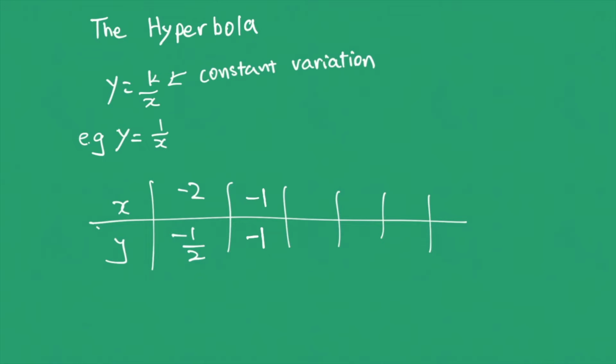And x can't be 0 since the denominator cannot be 0, so if x equals 0, there would be no values. And if x equals 1, y would be 1 over 1, still 1. If x is 2, y would be 1 over 2, so it's a half.